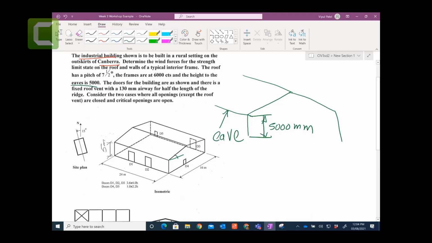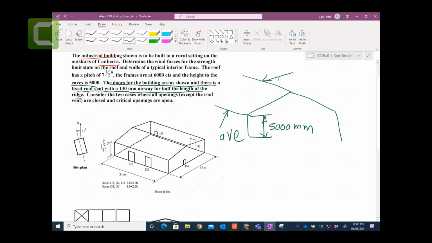The doors for the buildings are as shown. There is door number 1, door number 2, door number 3, door number 4, and there are 5 doors given on this structure. There is a fixed roof vent with 130 millimeter airway, halfway along the length of the ridge.